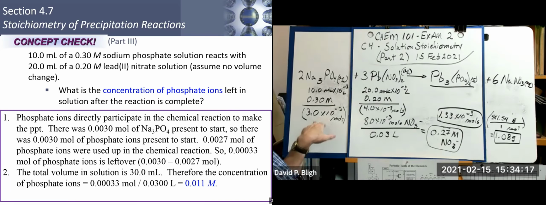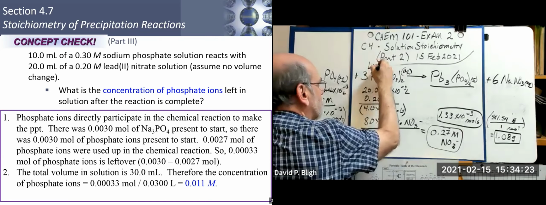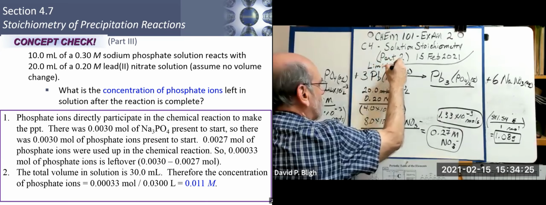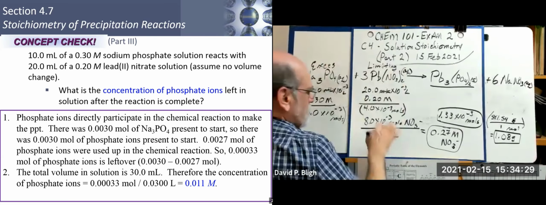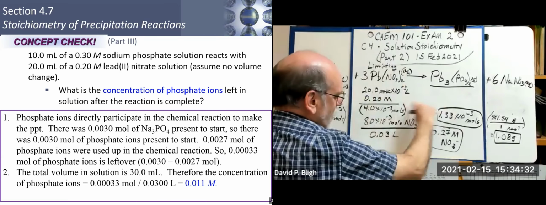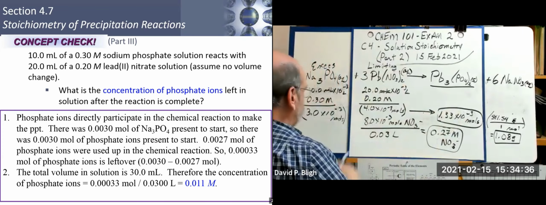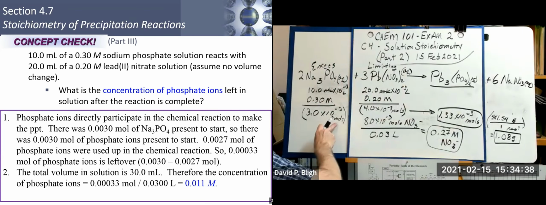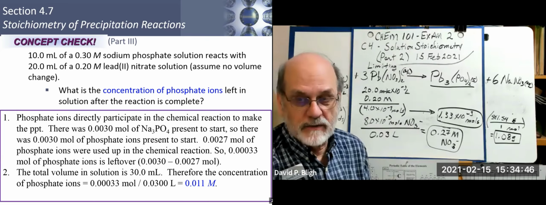No. We didn't use up all the phosphates because they were excess. Remember, these were limiting. These were excess, right? This was the lesser amount, so it yielded that. And this is the greater amount. Okay? So we used up a lot of the phosphates, but not all of them.